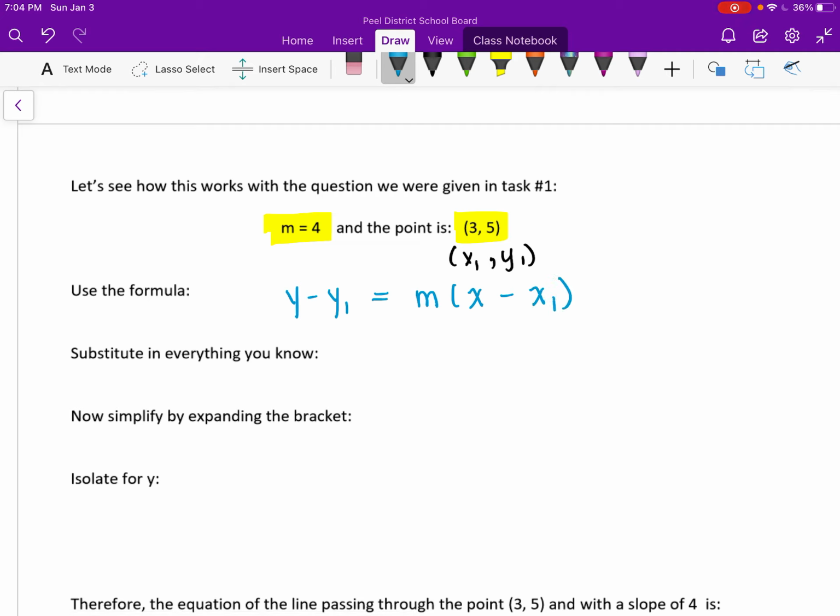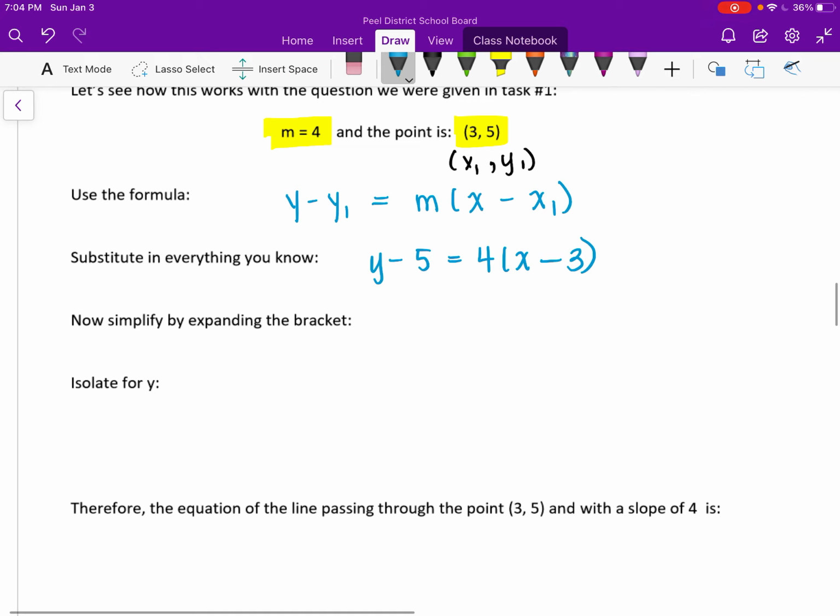I'm going to leave the x and y alone, but I do have an x1, a y1 and an m, so I'll plug in everything I know. I don't know what y is, so I leave that alone. y1 is 5, m is 4, and I don't know what x is, but x1 is 3.